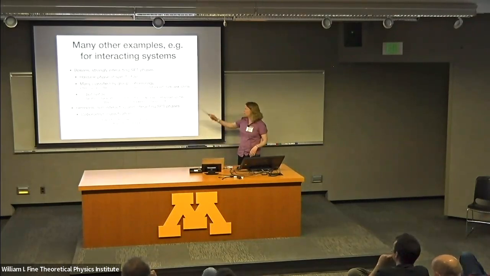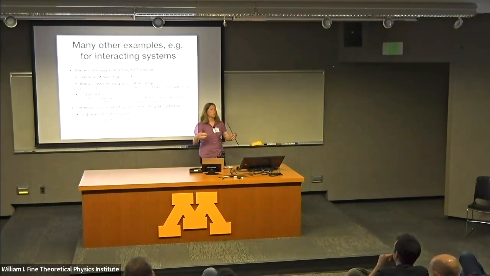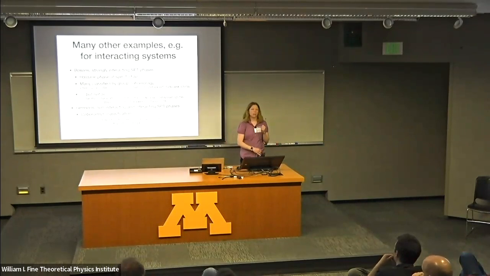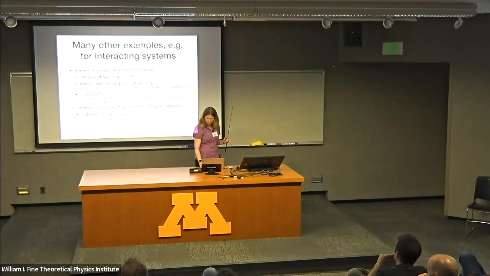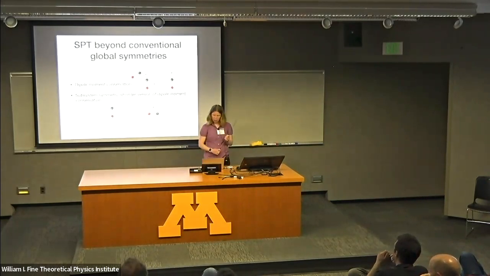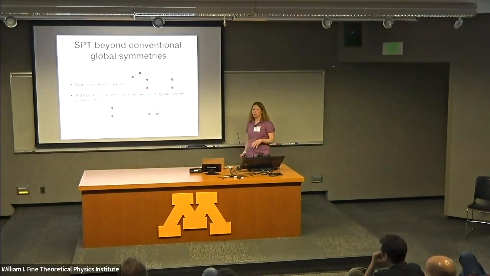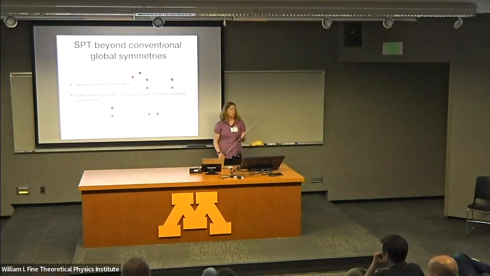I've written a list. I'm not going to say much about them, but this picture is extremely useful if we want to know, if I keep the symmetry in a material, is phase A adiabatically connected to phase B? Okay, good. And so that's the general philosophy of why we like to think about anomalies in condensed matter physics.